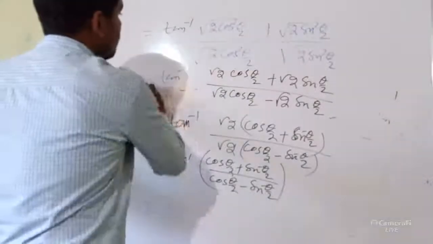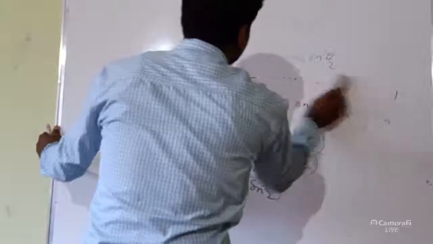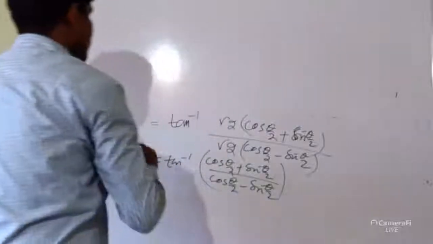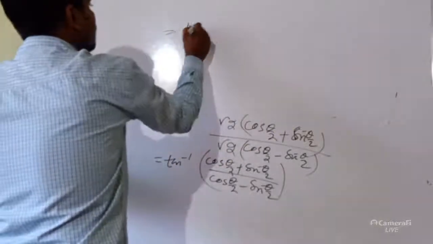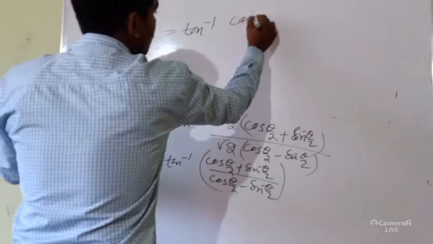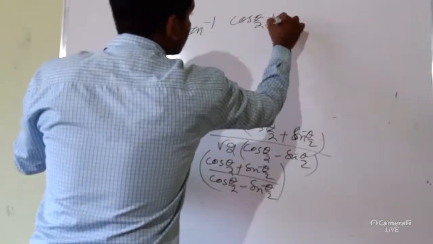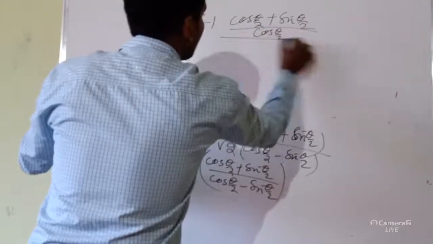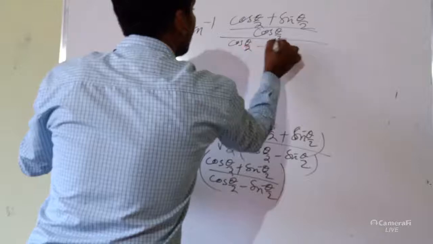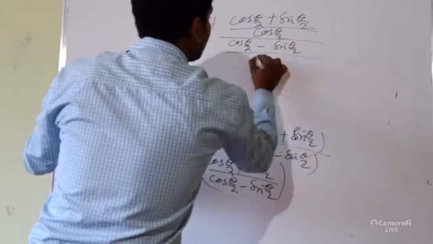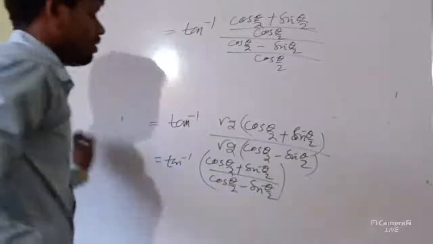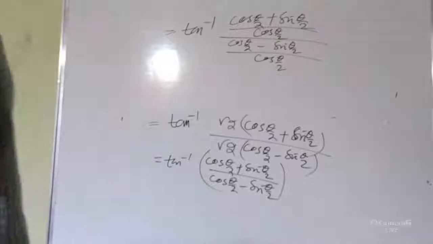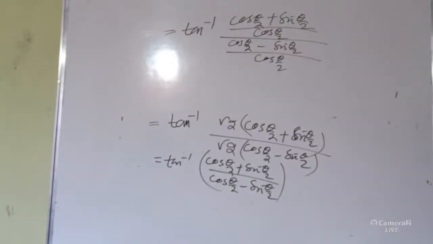Now we divide by cos theta by 2 in both numerator and denominator. Okay, then this becomes tan inverse of cos theta by 2 plus sin theta by 2, divided by cos theta by 2, and the whole divided by cos theta by 2 minus sin theta by 2, divided by cos theta by 2. Any doubt?